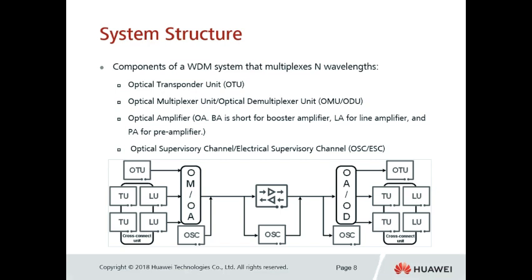And then you can see in our system structure we have some things we haven't finished. You can see we also have TU and ALU over here. What are TU and ALU? They are like OTU. You know, OTU has two parts, the client side and the WDM side. This kind of unit can be very dangerous.